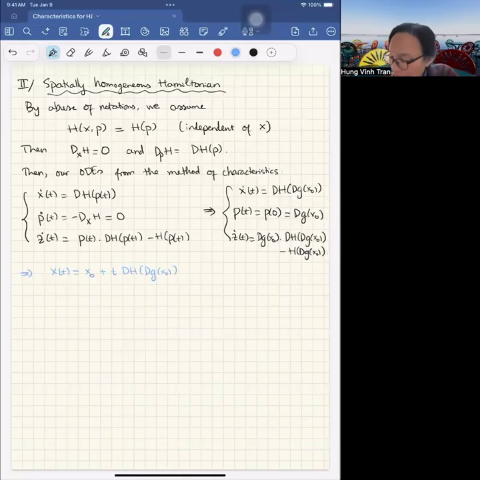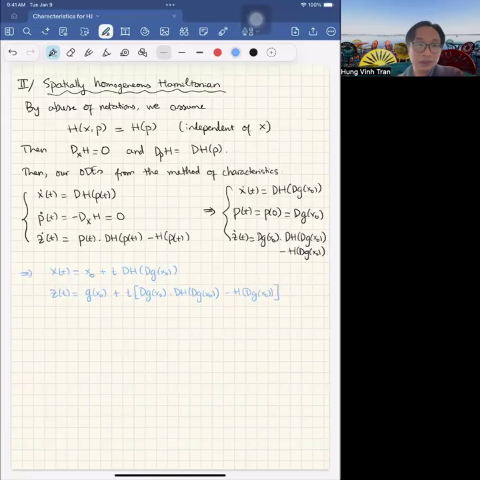Beautiful. So I have z(t) equals z of 0, which is g of x0, plus t times the slope, in this case dg of x0 dot dH of dg of x0 minus H of dg of x0.